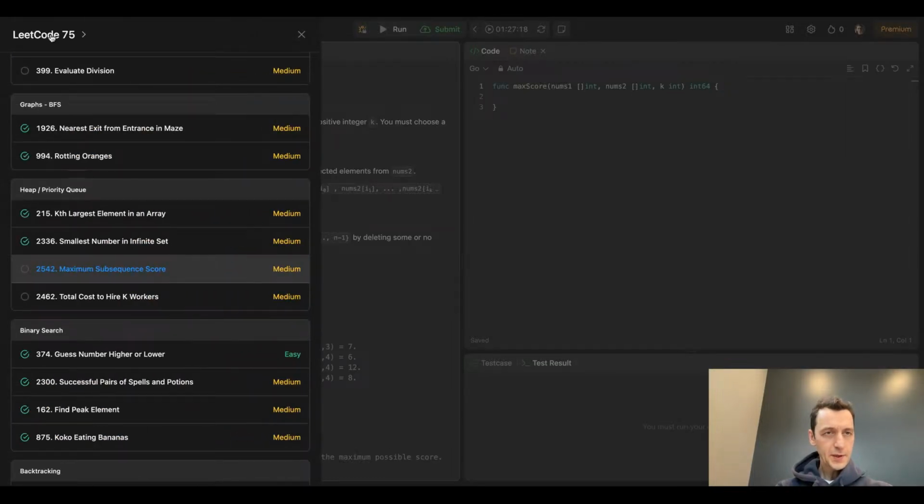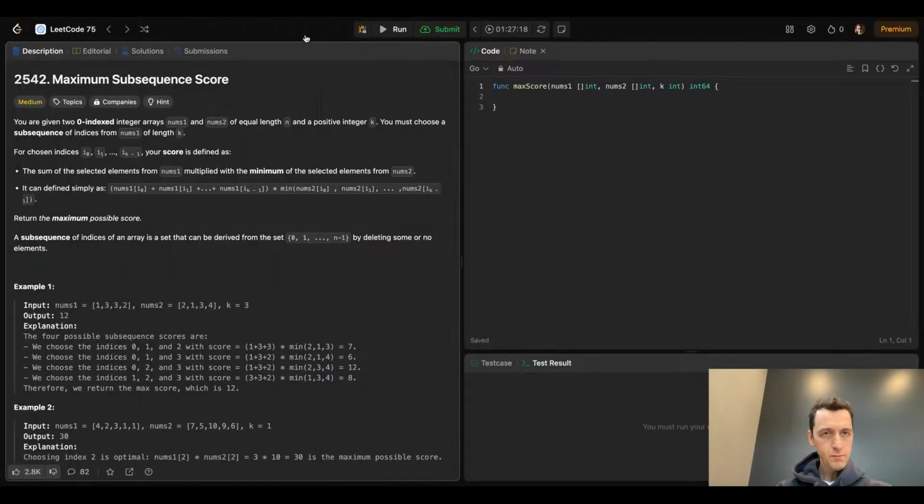Heap priority queue. So essentially, you don't need to use the heap all the time. But let's see what we can do for this one.